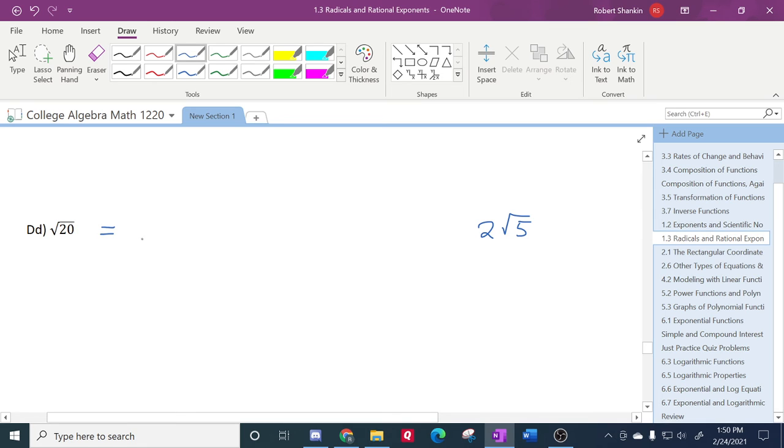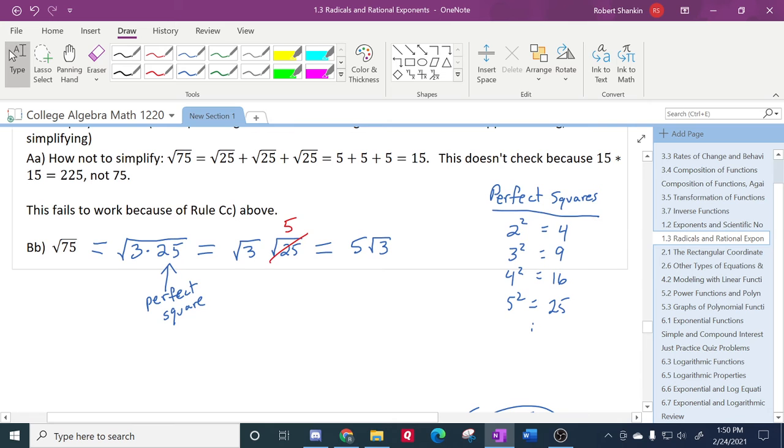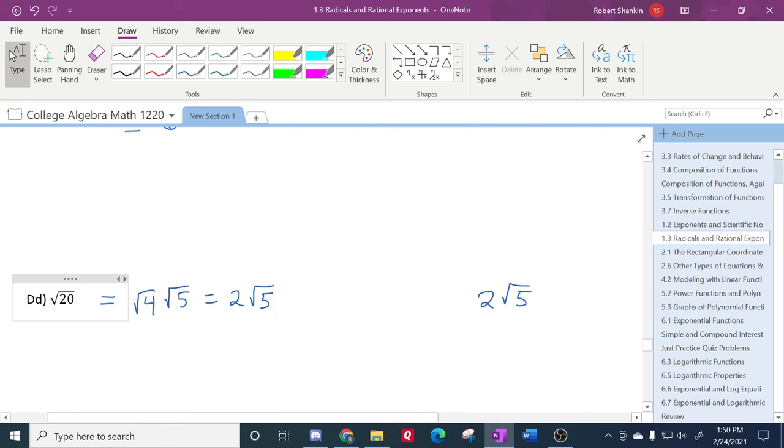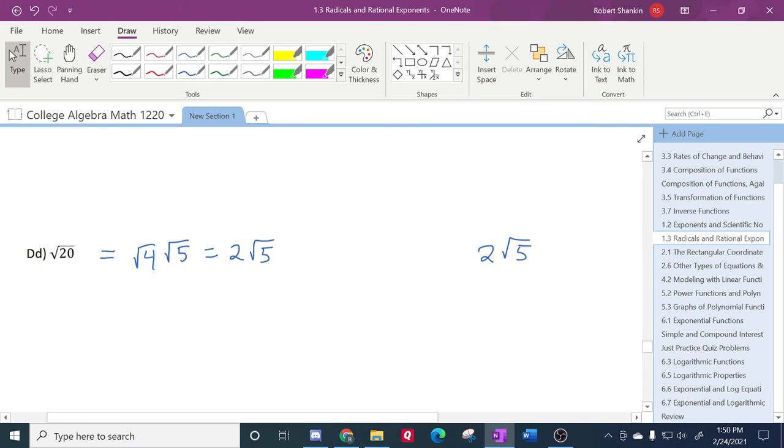It would be square root of 4 times the square root of 5, and the 4 is the square root. Great. And so we took a number from this list of perfect squares and had it as one of the factors of 20. And then the other one stays inside the radical sign, but the other one comes out. All right.